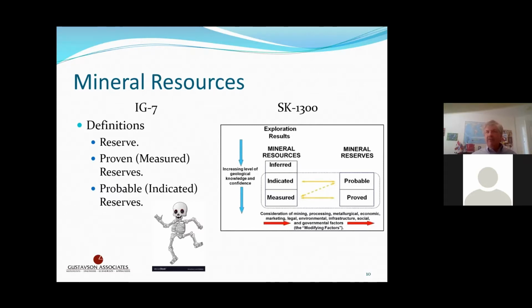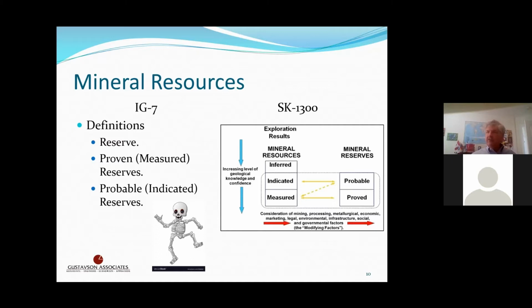They did have a reserve. They did have proven and probable reserves. SK 1300 has adopted the CRIRSCO methodology of reporting mineral resources, measured, indicated, and inferred, in decreasing geological confidence, and proved and probable mineral reserves in decreasing level of confidence.